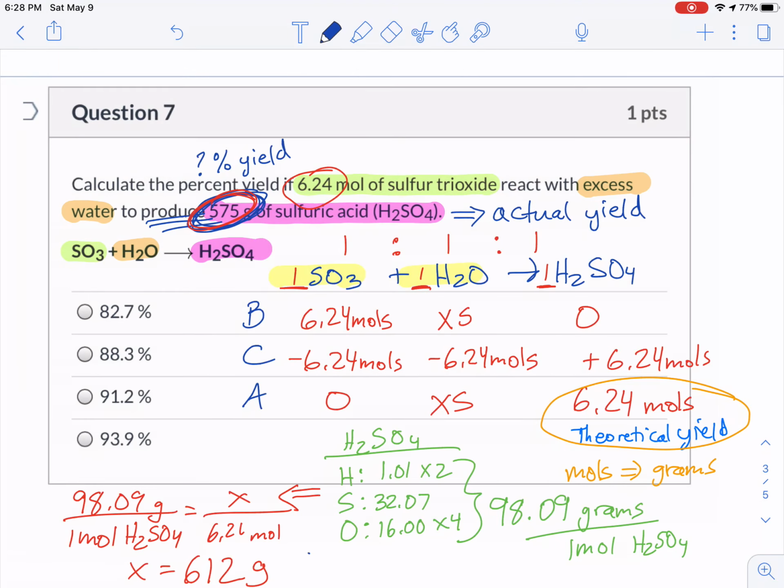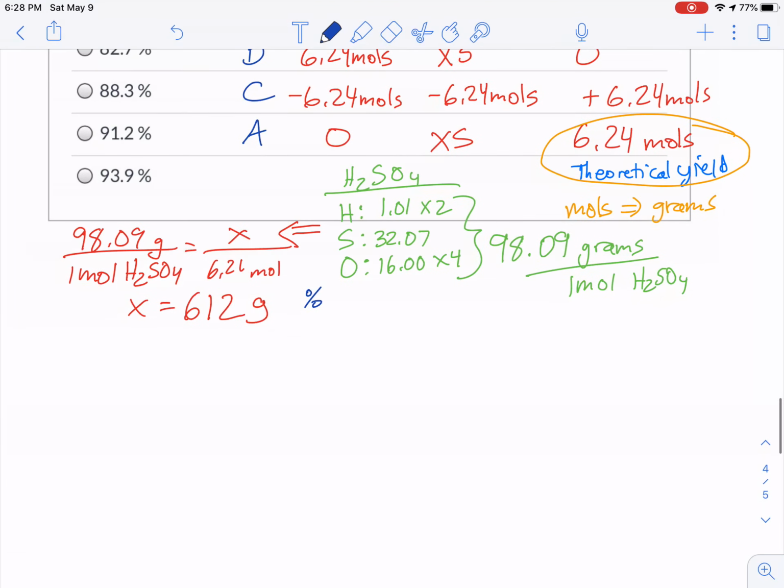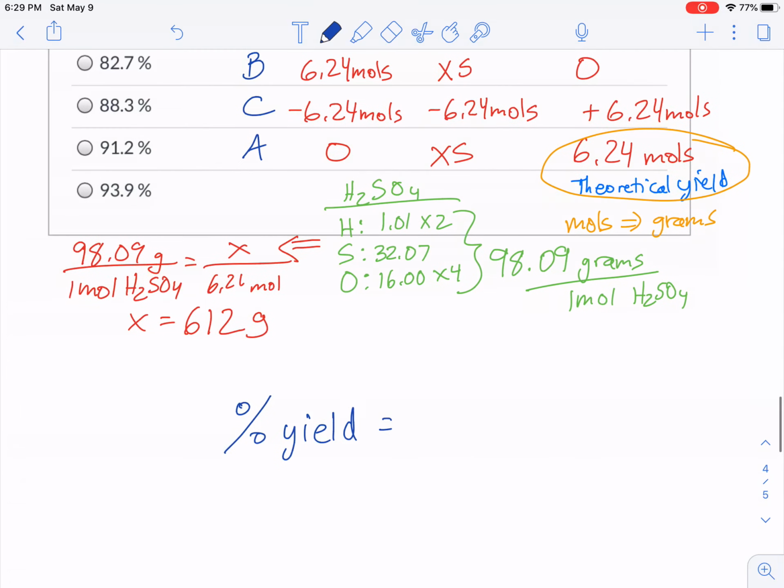Now I can go ahead and do my percent yield calculation. We'll go ahead and give ourselves a little bit more space. Percent yield is actual. Our actual is 575 grams. Our theoretical is 612 grams. And we multiply this by 100%.